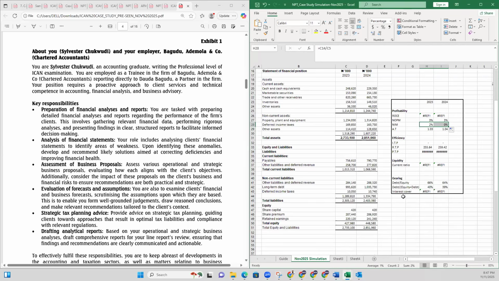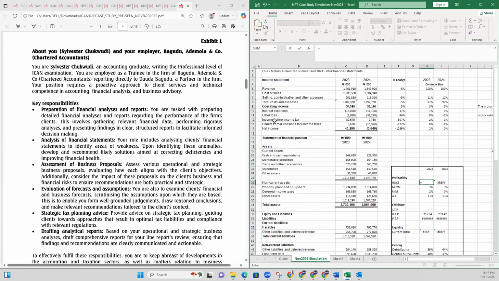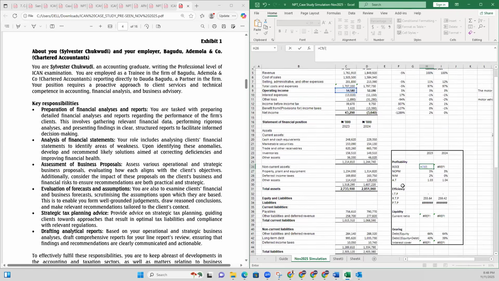And then what are you picking as your capital employed? So you can decide to say capital employed is your earnings before interest and tax, which is this. Is that not? Divided by what do you want to work with as your capital employed?